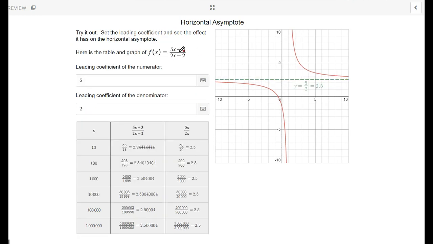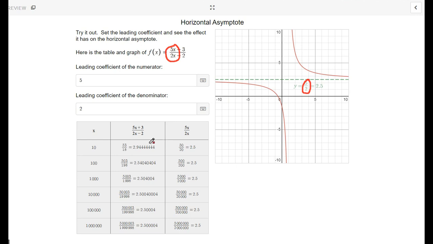So to summarize, when the degree of the numerator and the degree of the denominator are equal to each other, then you can determine the horizontal asymptote by just looking at the first terms and what the ratio between them is. So here you've got 5x over 2x, so that's going to be a ratio of 5 over 2. And so my horizontal asymptote will be the line y equals 5 over 2, or y equals 2.5.